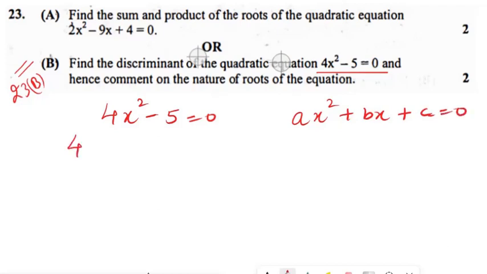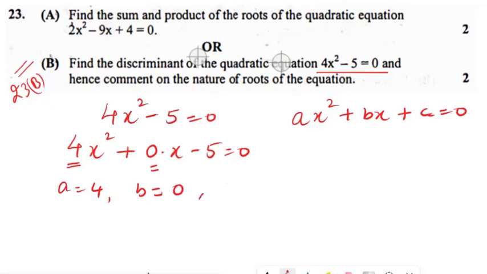So it is 4x square, and the coefficient of x is 0, so we write plus 0x minus 5 is equal to 0. Now identify the terms. The value of a is 4. The value of b is this, means 0, and the value of c is this with sign, minus 5.